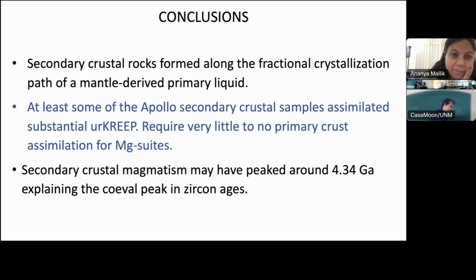Somewhat, yeah. I guess it's a question that's also a loaded question, which is that you can see mixing relationships that make straight lines as well. Clearly, the zircon ages themselves, I think, are fairly confident.